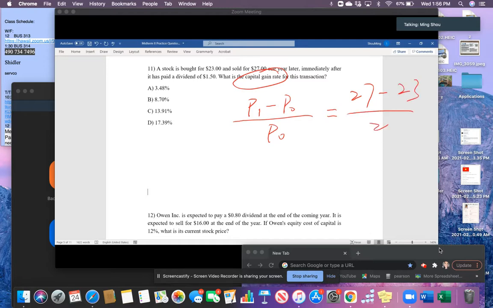All of this is given information. So simply calculate this, and you can find out it will equal 0.1739. So the correct answer should be D. In this question, as long as you know what the capital gain rate is, the calculation is simple, right? So this is question 11.